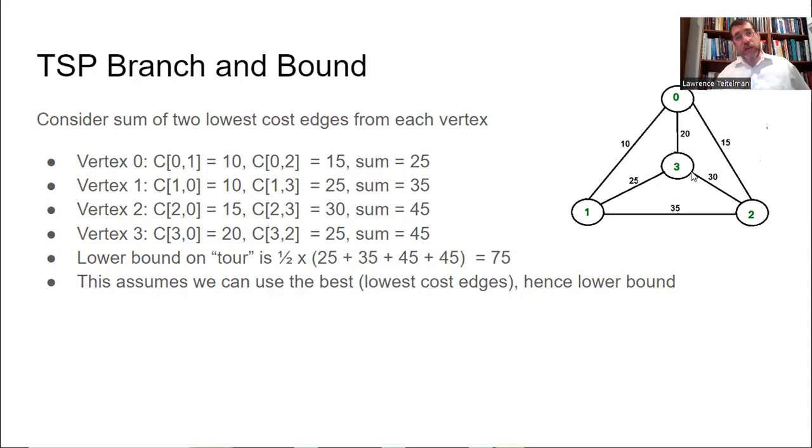Now keep in mind that these are lowest bounds. You know why? Because it's possible that one of these calculations will end up reusing an edge multiple times, and we don't want to do that.